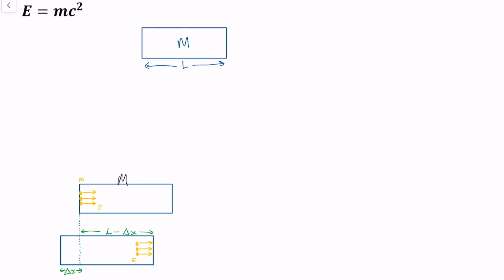So to be able to do this thought experiment, we need to know one more thing, that is, if you recall de Broglie's wavelength, we have momentum p is equal to h over lambda, and we also have for a photon that lambda is equal to c over f, right? Speed over frequency. If you simply combine these two equations, we have p is equal to h over c over f.